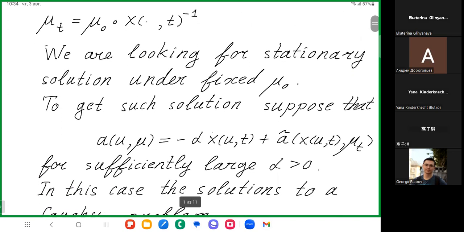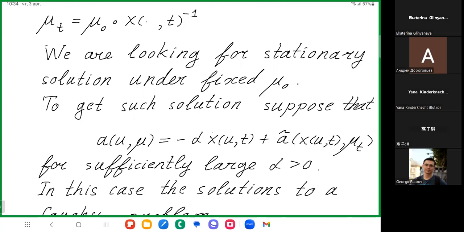So to get a stationary solution, let us suppose that our coefficient, which is responsible for external force and for interaction between particles, A(u, mu), has the following form: minus alpha x(u, t) plus A tilde(x(u, t), mu t). So we just add a special term, minus alpha x(u, t), which pushes all particles to zero.